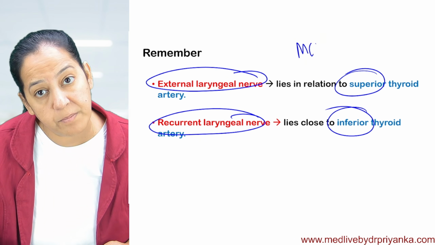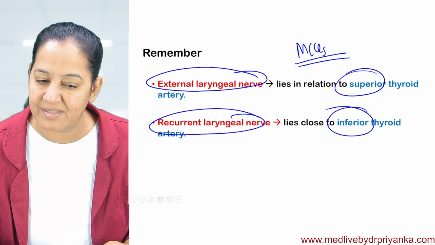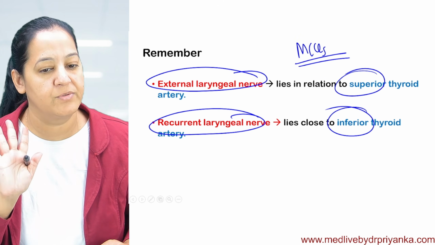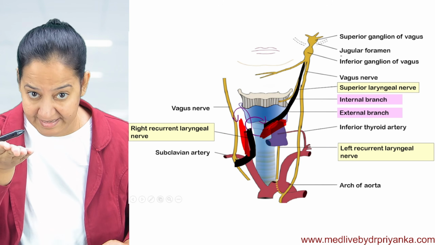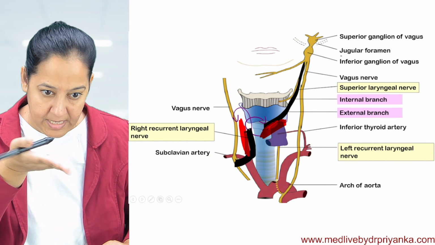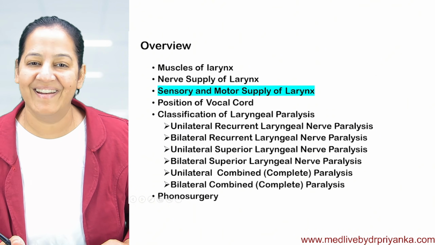These are your most important MCQs, either from ENT or surgery. You get these MCQs in your NEET or competitive exams. I've highlighted both the nerves and both the arteries. You can understand it here.